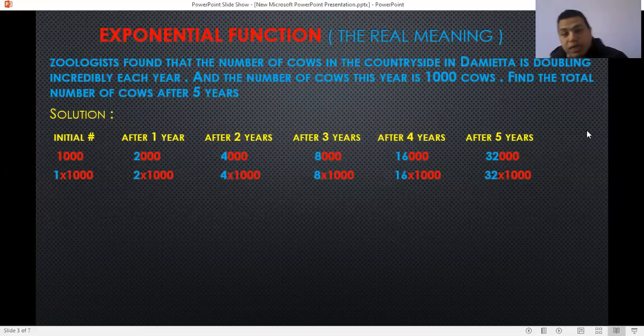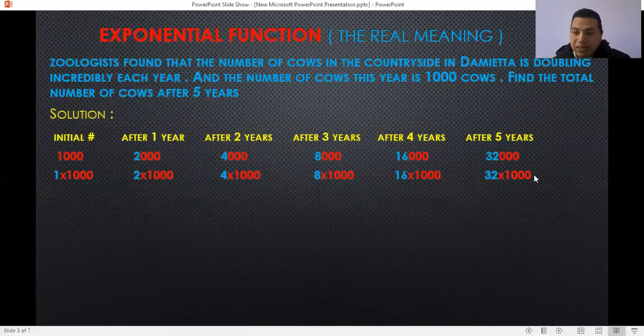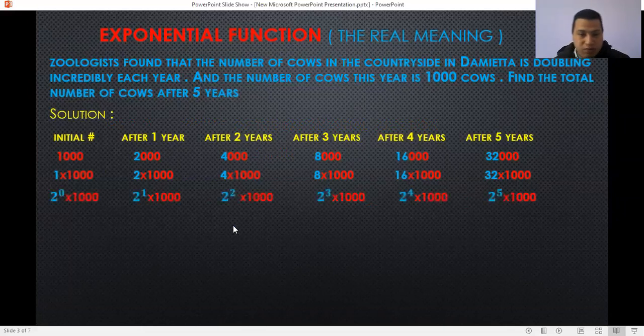What about after 8 years? It will be 2 to the power 8 times 1,000. Here we have 2 to the power 5 times 1,000. Let's complete our discussion. 2 to the power 0 times 1,000, 2 to the power 1 times 1,000, 2 to the power 2 times 1,000, and so on. Then after 8 years, it will be 2 to the power 8 times 1,000.